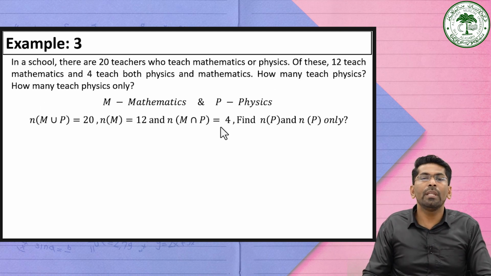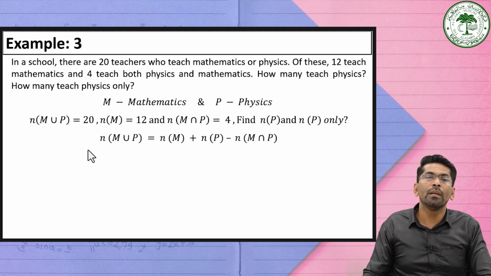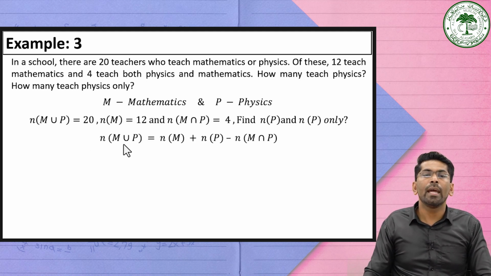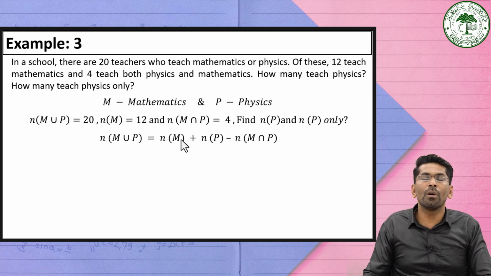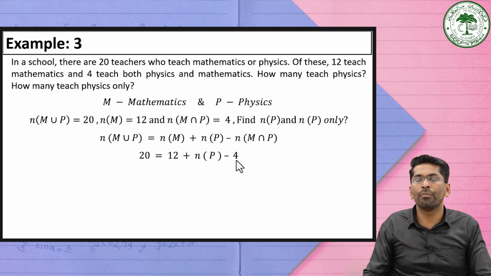We know, by using the given information, the number of elements in M union P is equal to the number of elements in M plus the number of elements in P minus the number of elements in M intersection P. We substitute the given information here: M union P is equal to 20, which is equal to the number of elements in M, which is 12, plus the number of elements in P, which is not given, minus the intersection, which is given as 4.